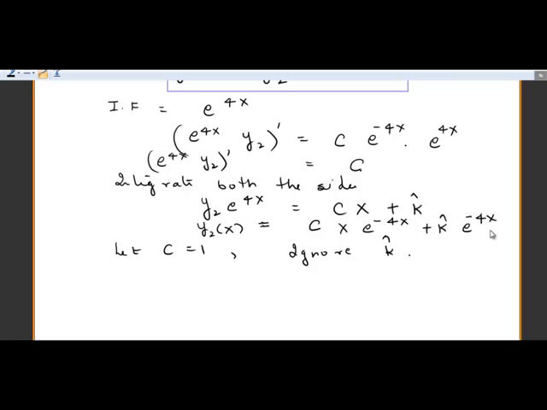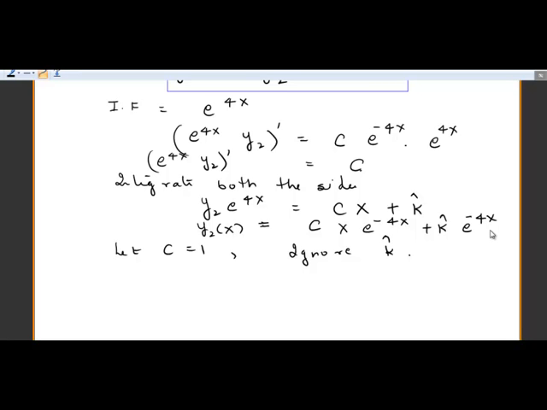But after I got this expression, I am saying you pick C to be 1 and ignore K hat. Why? Because we already know e to the power negative 4x is a solution.